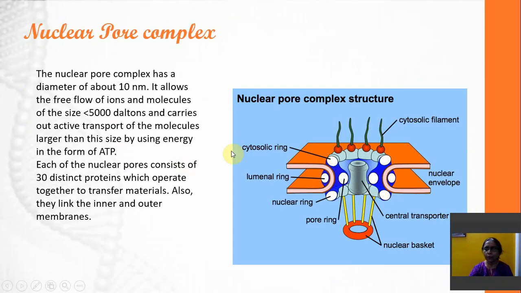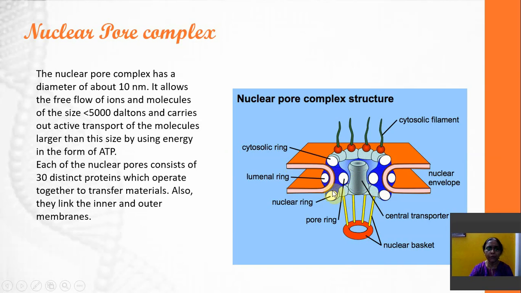What is nuclear pore complex? It is the pore in the nuclear membrane through which the substances come inside and are thrown outside. Now it can allow the particles less than 5,000 Daltons to enter, and the diameter of this pore is 10 nanometers.